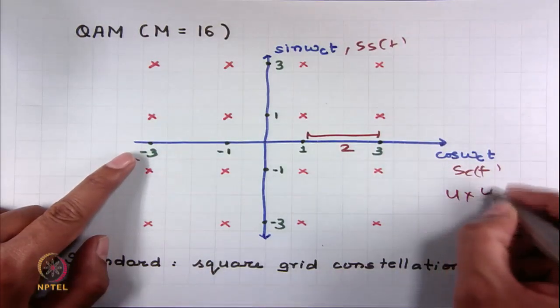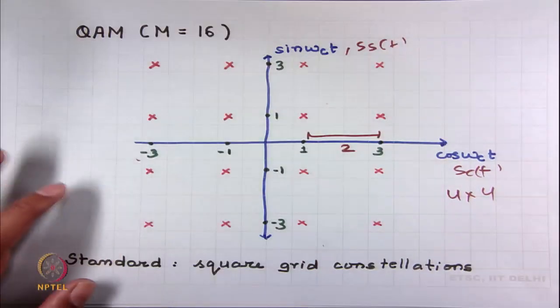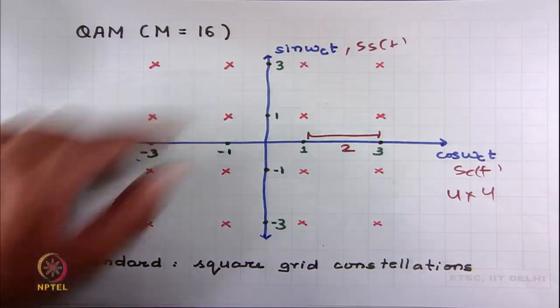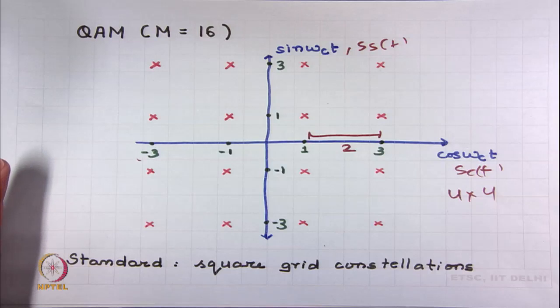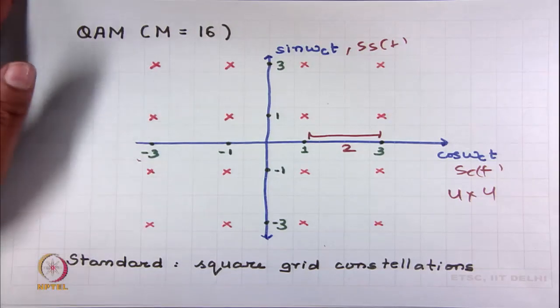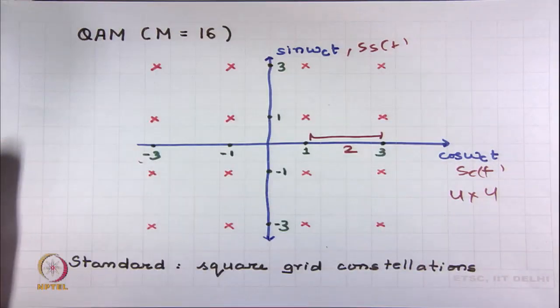So, 4 times 4, 16 combinations. So, you have the 16 symbols, and the minimum distance between any two symbols is also the same and constant in this case. And this is the constellation structure of 16 QAM. And if you look at this constellation grid, you can see that this is a square grid, and this is the standard constellation structure of QAM. Okay. So, QAM constellations basically are square grid constellations. All right.